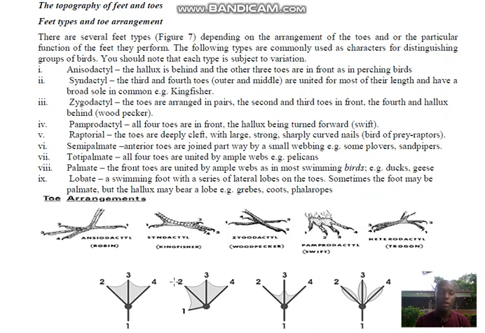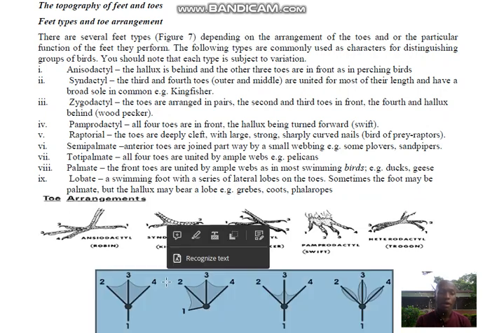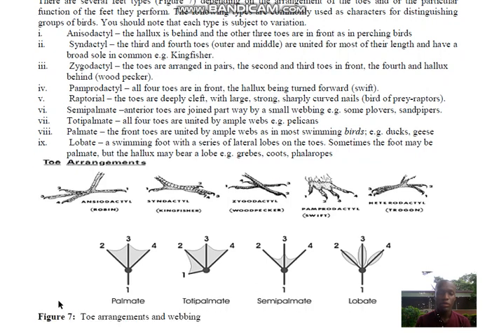And here is what we were talking about when we were talking about the palmate. Here is the palmate, where the three toes are joined with an ample web, and for the totipalmate, all four are joined, covered with an ample web.